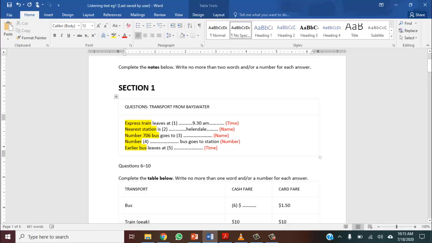Now, it seems to me that you have two options. Option 1 would be to take the 706 bus from the Bayswater Shopping Centre to Central Street. When you get there, you transfer to another bus which will take you to the station. Or the second option, if you don't mind walking a couple of kilometres, is to go directly to Central Street and get straight on the bus going to the train station. OK. Which bus is that? The 792 will take you to the station.